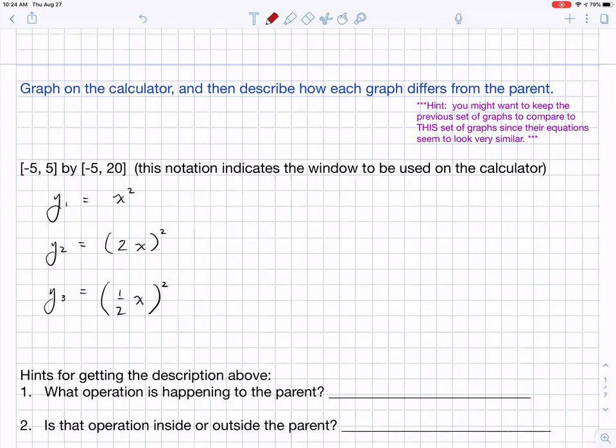Okay, so doesn't it still get skinny? But this is different, folks. Remember, I know that what's happening is horizontal. If this is the original parabola, the parent, what's the only way that I can have something happen from side to side, not from top and bottom, to make me do this?